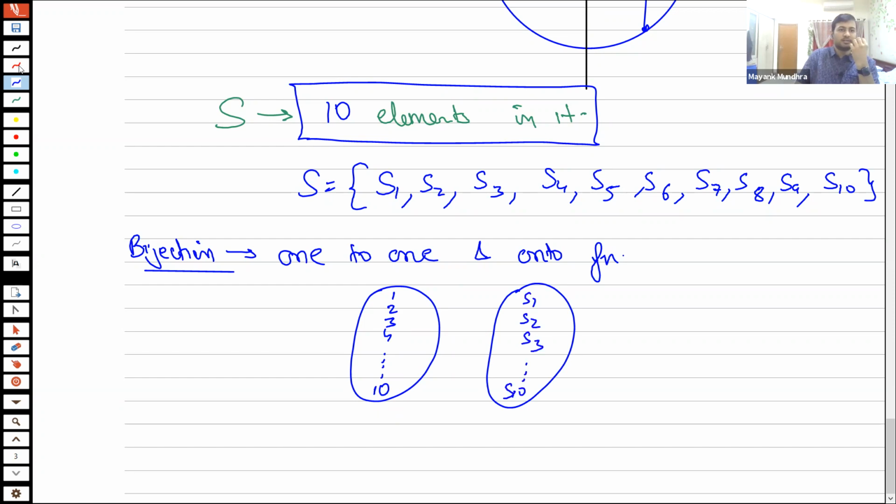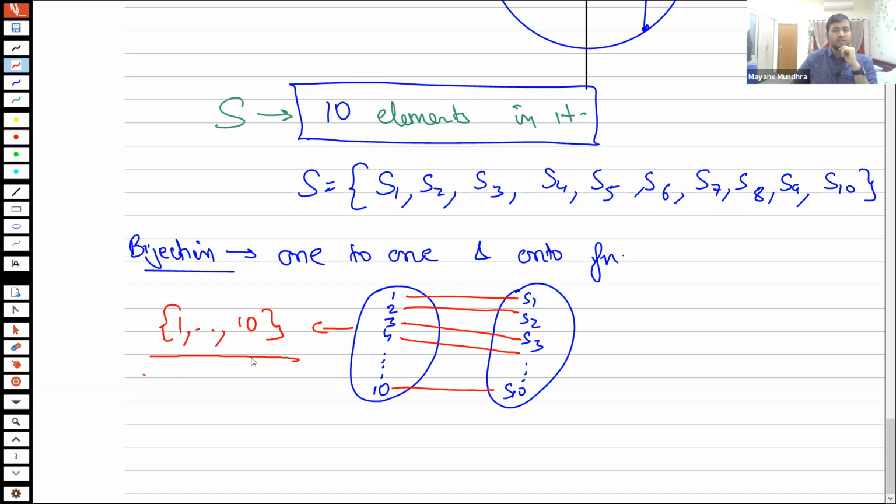You can construct a bijection between these two sets, a one-to-one and onto function. So if you can construct a bijection from the set 1 to 10 to the set of shoes, then we say that the set of shoes has 10 elements.